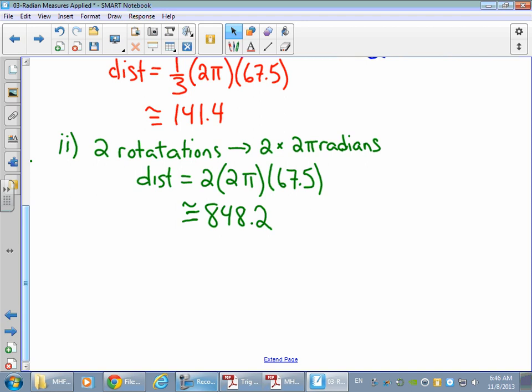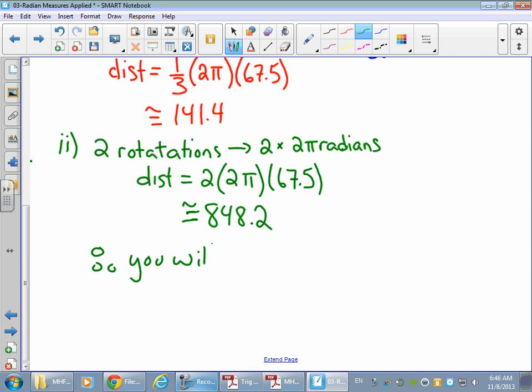And of course, we can conclude with, therefore, you will travel approximately 848.2 meters in a full ride.